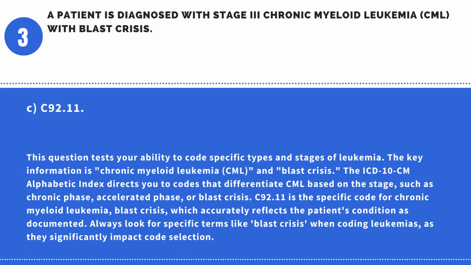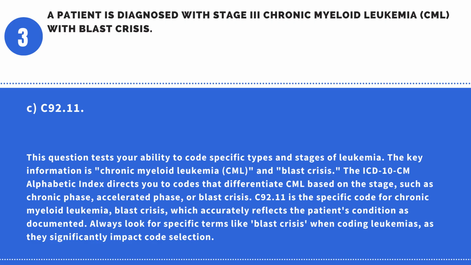Answer: C. C92.11. This question tests your ability to code specific types and stages of leukemia. The key information is chronic myeloid leukemia, CML, and blast crisis. The ICD-10-CM alphabetic index directs you to codes that differentiate CML based on the stage, such as chronic phase, accelerated phase, or blast crisis.